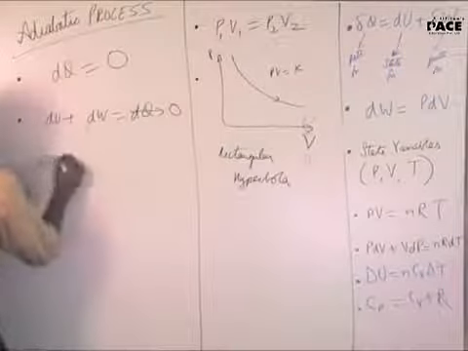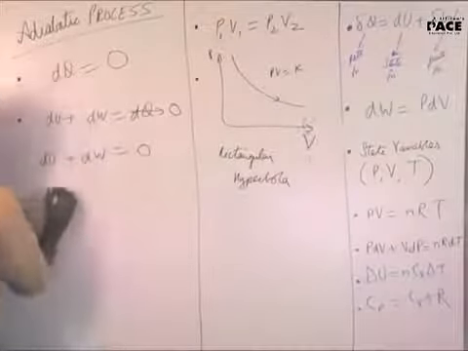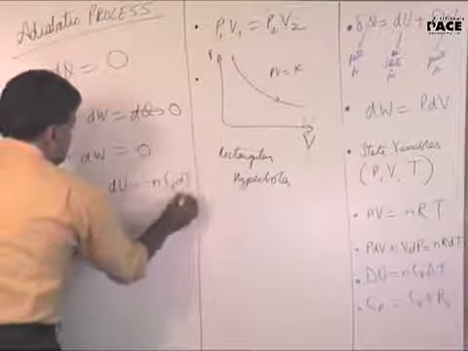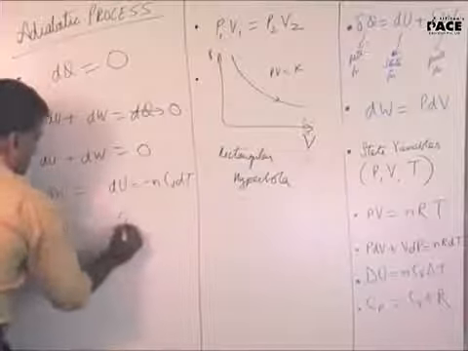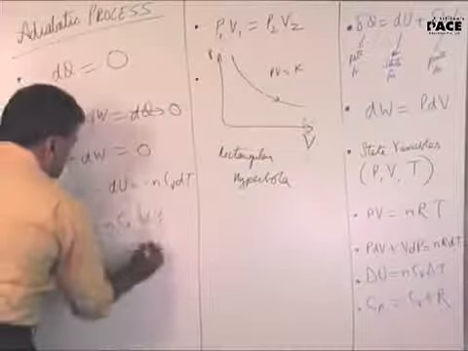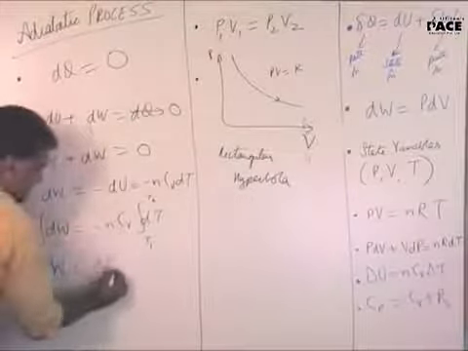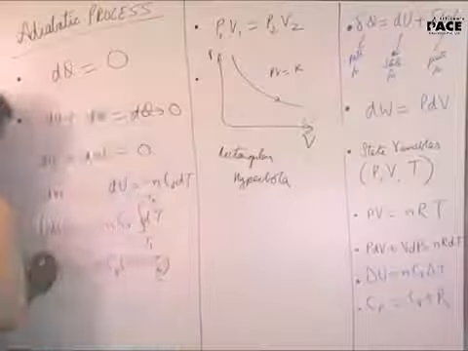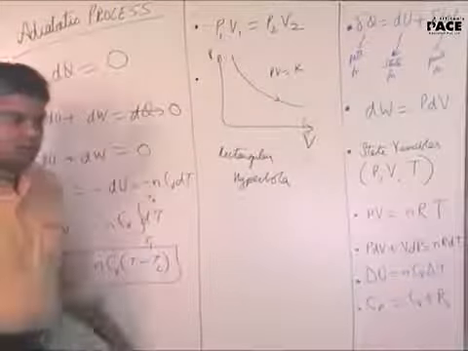Or can we say dU plus dW is 0, which means dW equals minus dU, which is minus nCv dT. So dW, if you integrate, we have got our first formula, nCv (T1 minus T2). There is a T2 minus T1 with a negative sign, so it becomes T1 minus T2.